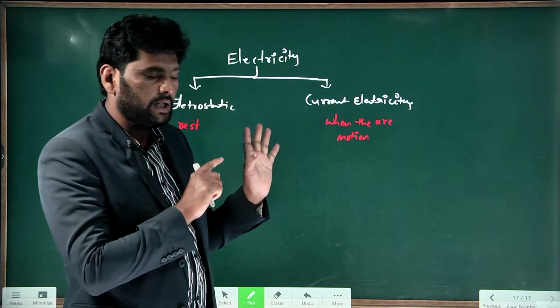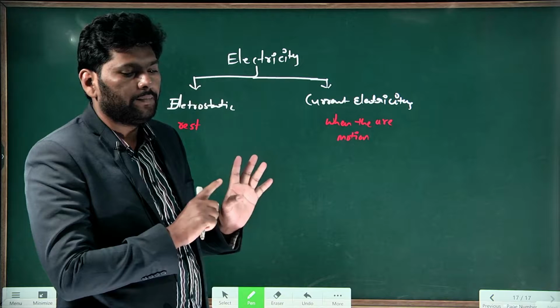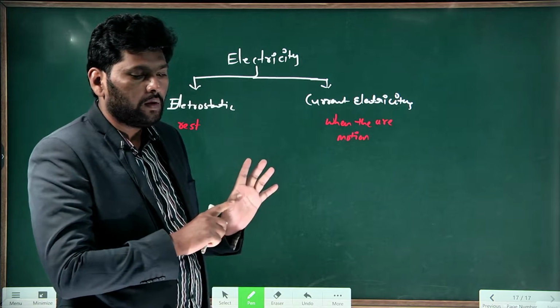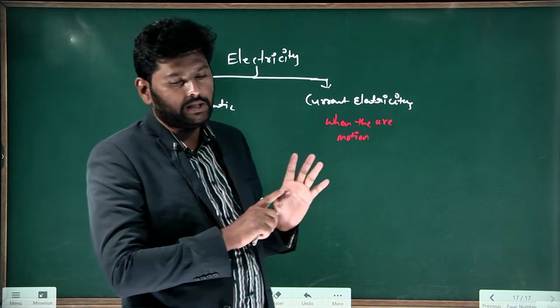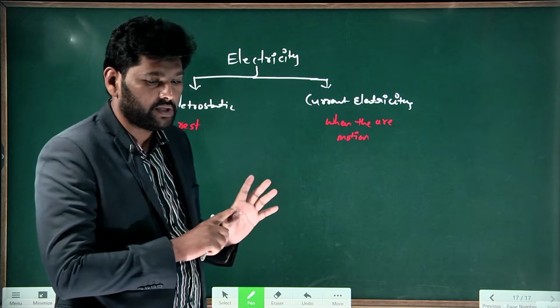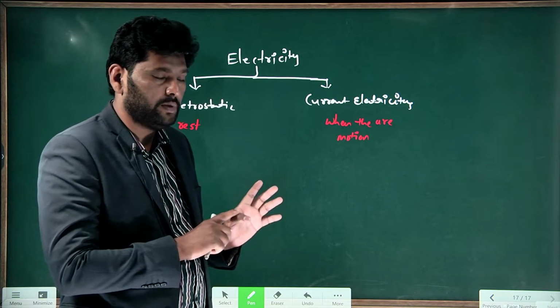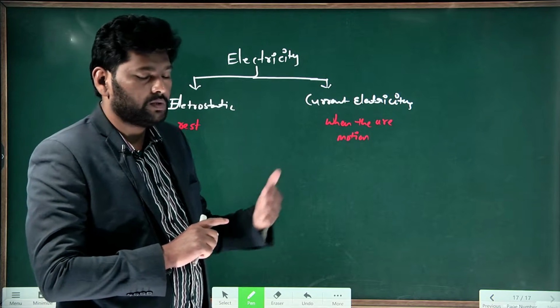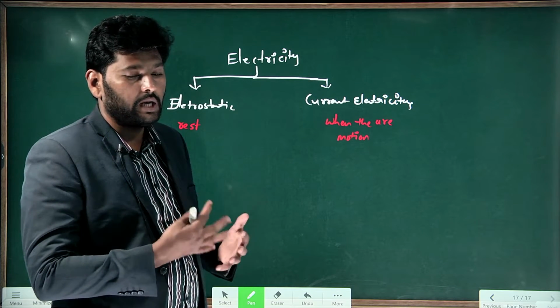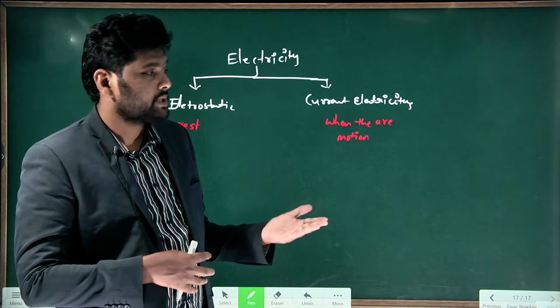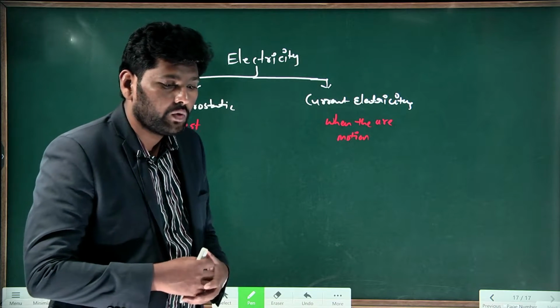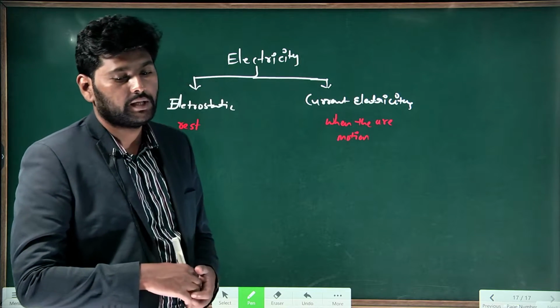Till the last class, we discussed electrostatics. In that, we completed Coulomb's law and the properties of charges, the force between the charges, between same charges, unlike charges, like charges, and also we gave a formula for the force between the charges.